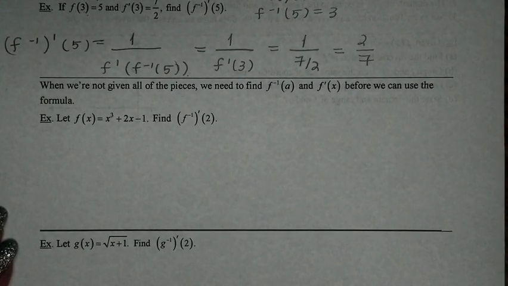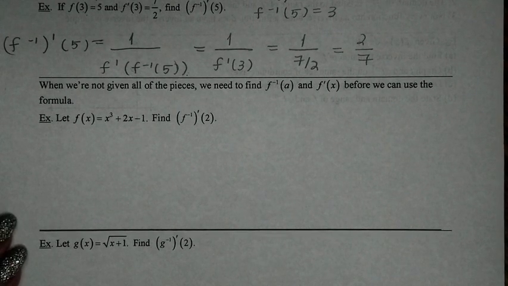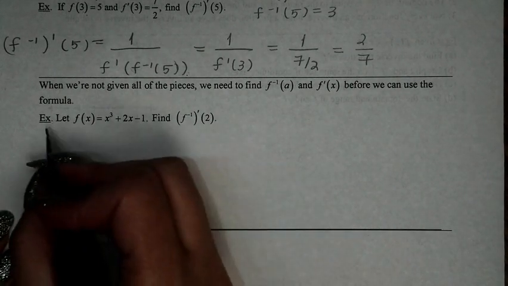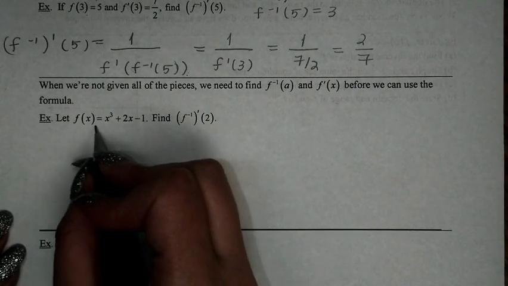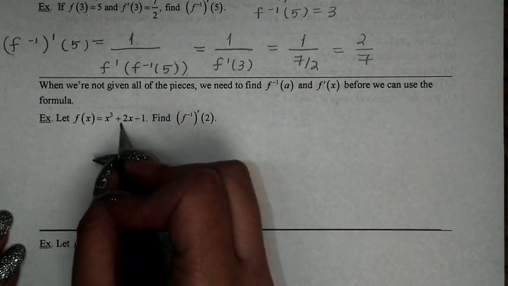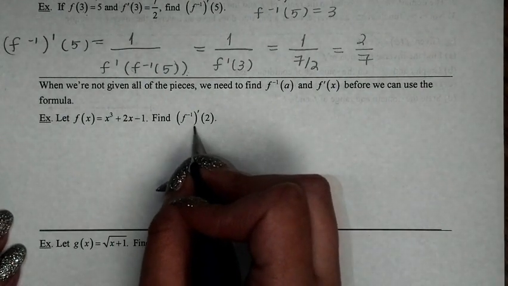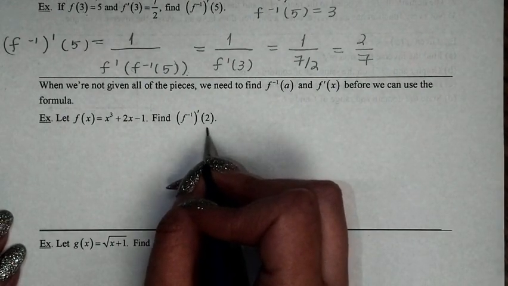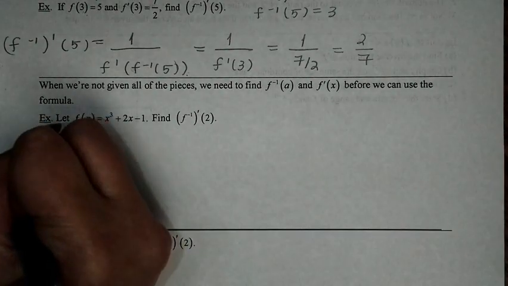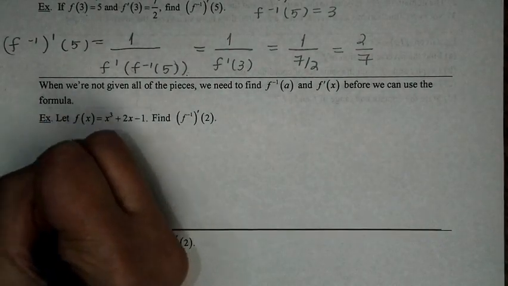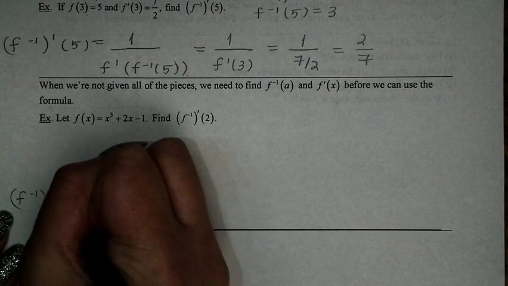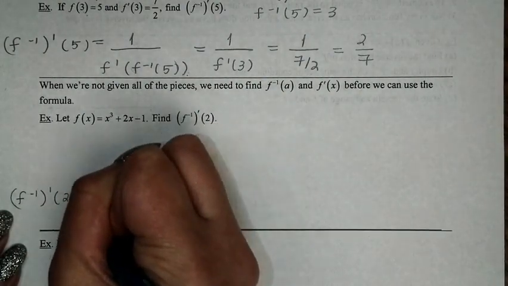When we're not given all the pieces, we need to find some of the pieces, such as the f inverse evaluated at a, and maybe the derivative, before we can use the formula. So we have this equation: let f of x be equal to x to the power 3 plus 2x minus 1. They want you to find the derivative of the inverse evaluated at 2. The first thing that I would do, so you know what you have and what you need, is apply everything in the formula.